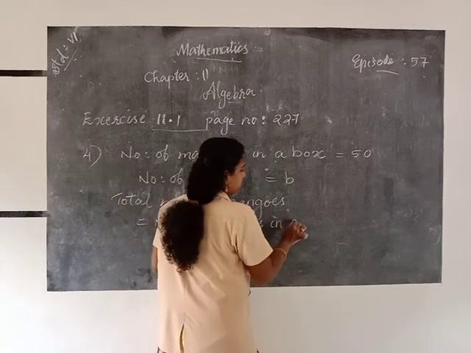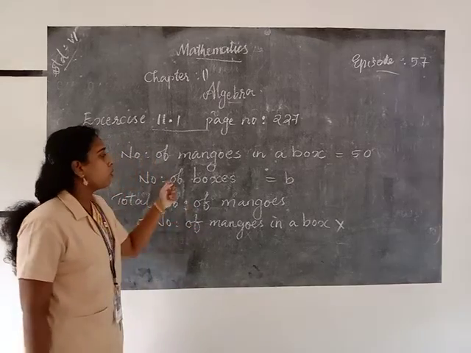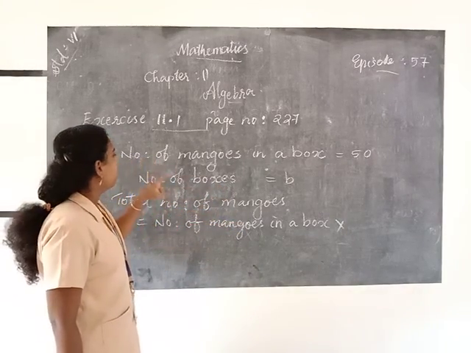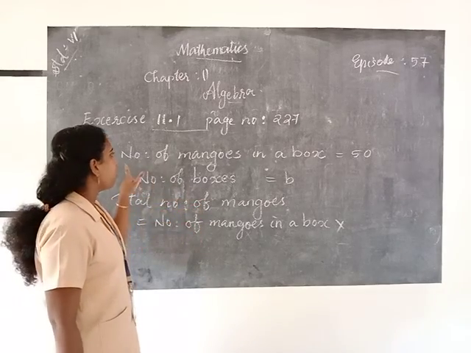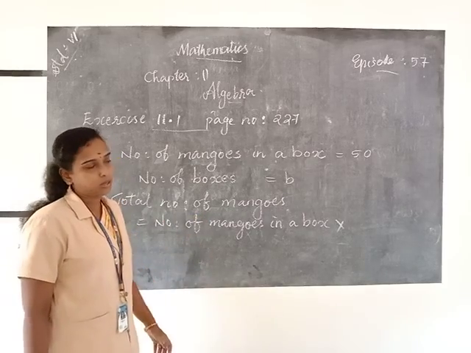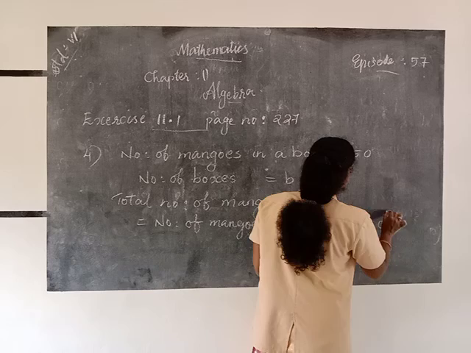Total number of mangoes is the product of number of mangoes in a box into number of boxes.